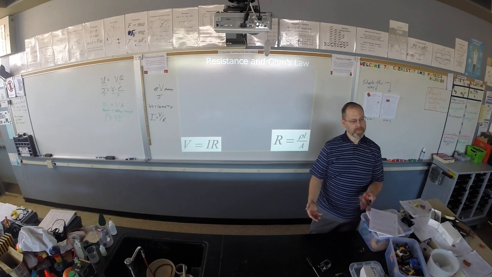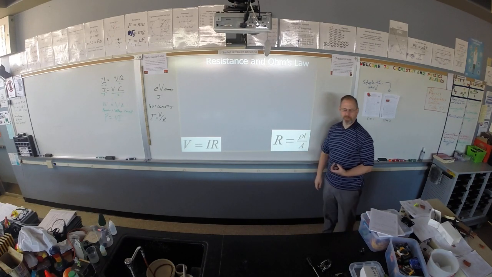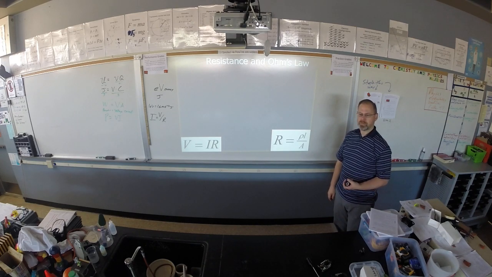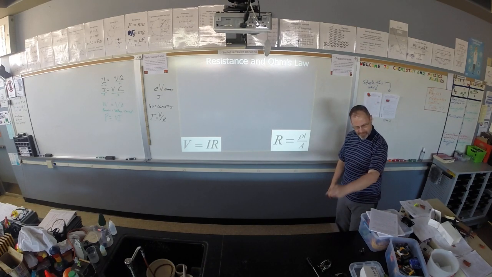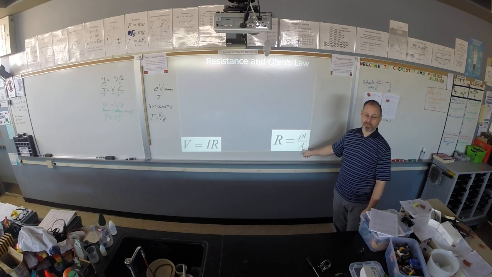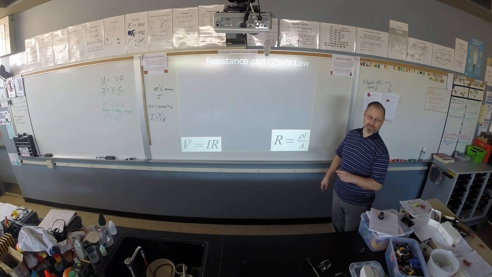Cool? Then there's this equation. What is this equation? Anyone have an idea? Resistance equals something over. Exactly. In this case, the A is a variable, not a unit. A is area.